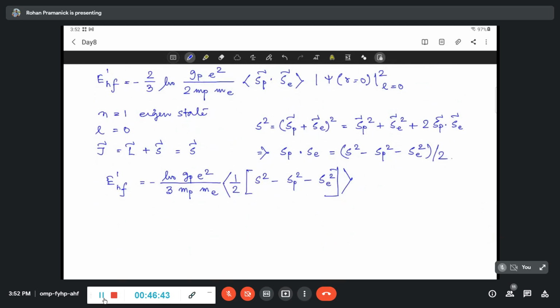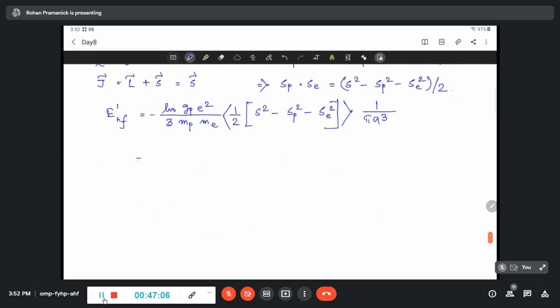So if you remember the hydrogen atom wave function, for 100 it was 1 by root over pi a cubed into e to the power minus r by a. So if you put r equals 0, the exponential part goes to 1, and this 1 by root over pi a cubed, if you square it, will give pi a cubed only.